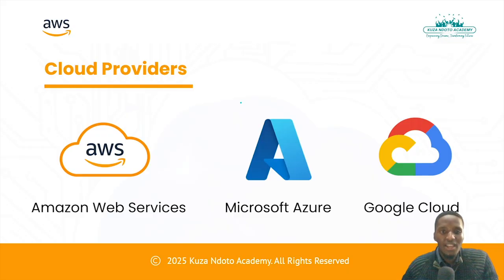Beyond these three giants, there are other niche providers like IBM Cloud, Oracle Cloud, DigitalOcean, each serving specific industries or workloads. AWS, Azure, and Google Cloud make up the majority of the market.